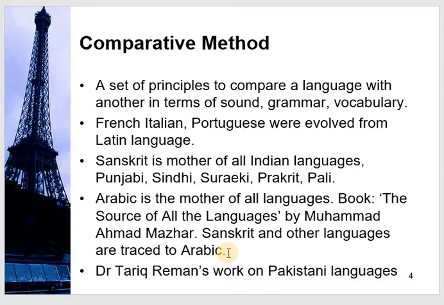Suppose conjugations are present in Arabic; Sanskrit also has conjugations. Arabic has the concept of single, dual, and plural. Sanskrit also has single, dual, and plural, and many other features which we'll discuss in the Indo-European language family and Indian language family.